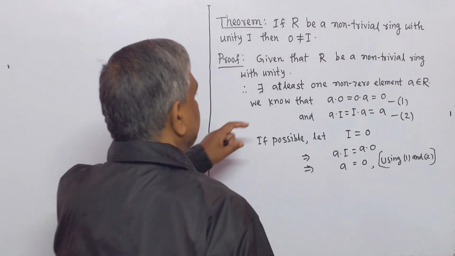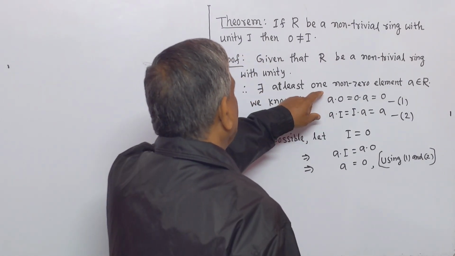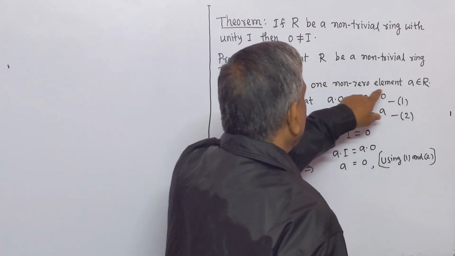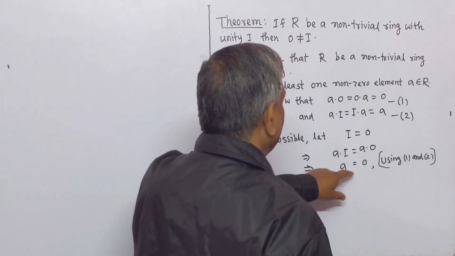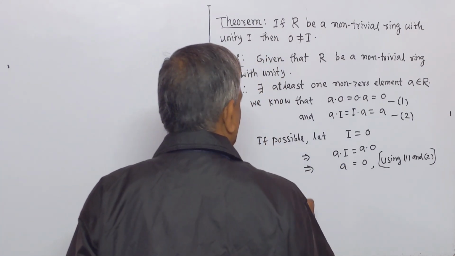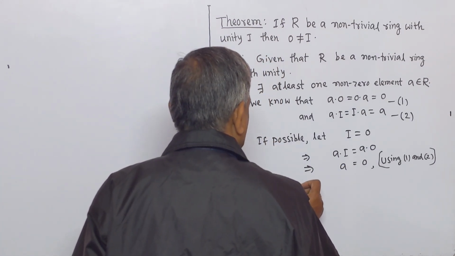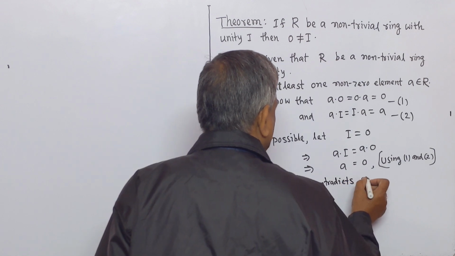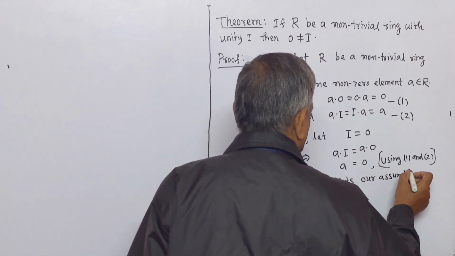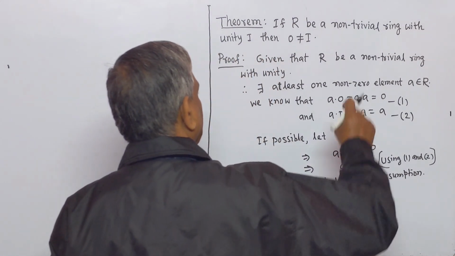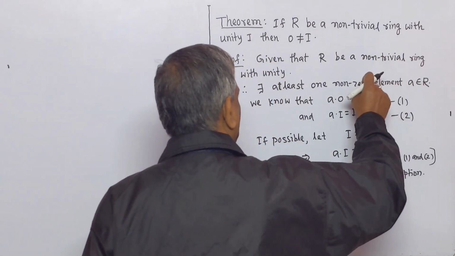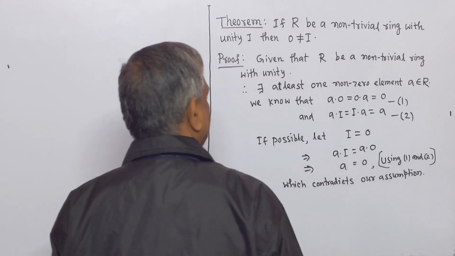Here we have considered that A be a non-zero element. Here A is 0 element, which contradicts our assumption. That is, here A is a non-zero element, here A is 0 element.